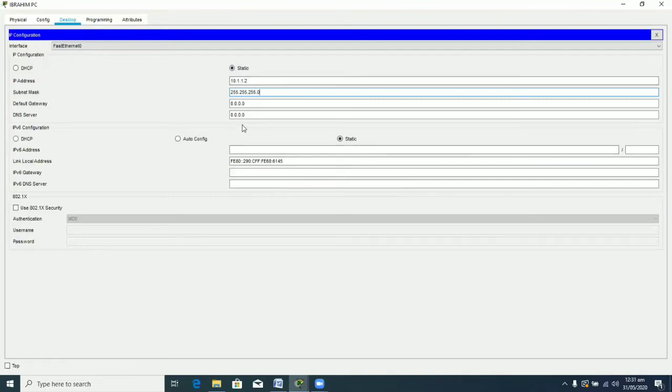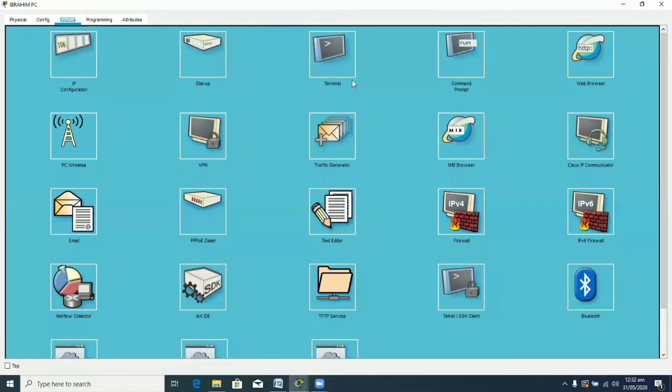There isn't any need at present for the default gateway. If you want to place the default gateway, then make it your router, 10.1.1.1, and no need for the DNS server. This will work.